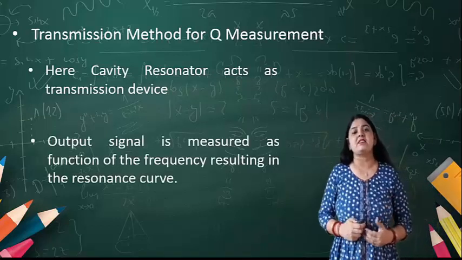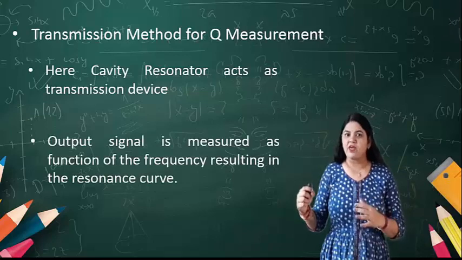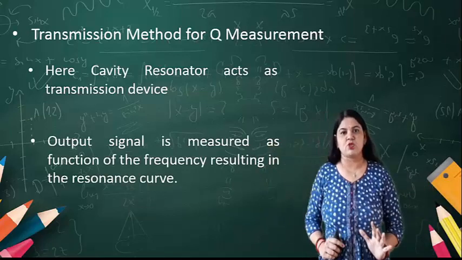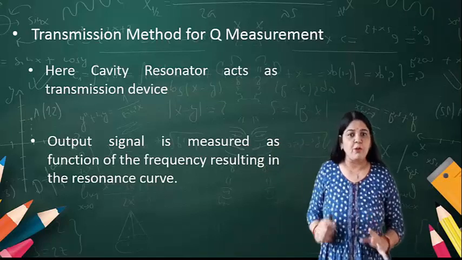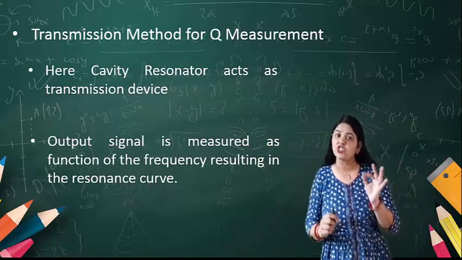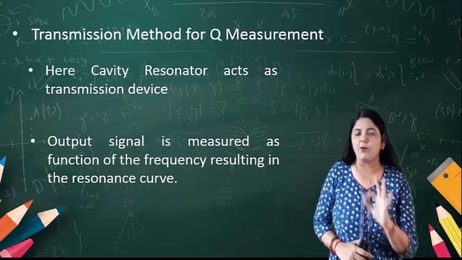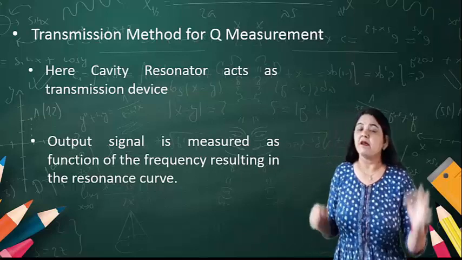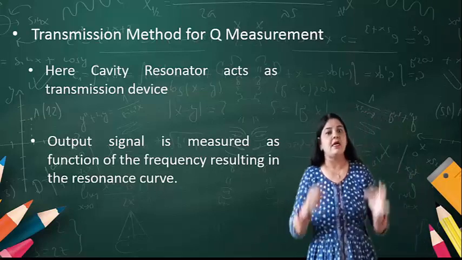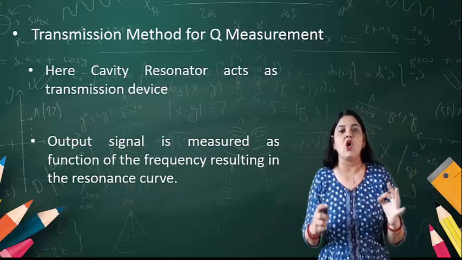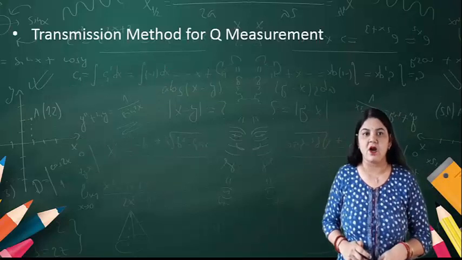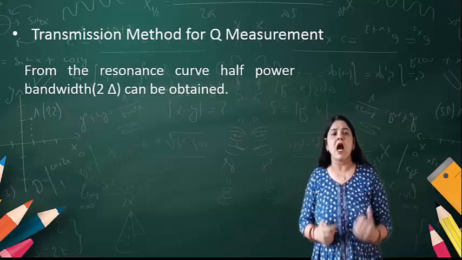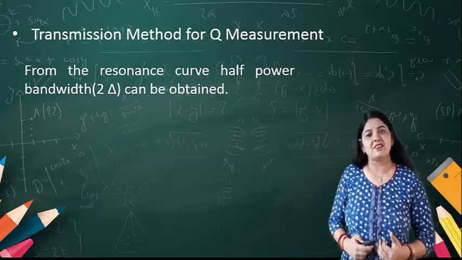It acts as a transmission device through which the microwave signal passes and reaches the detector. The output signal is measured as a function of the frequency, and that gives the resonance response curve.